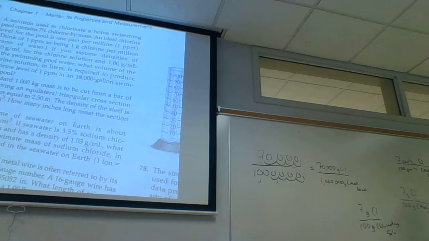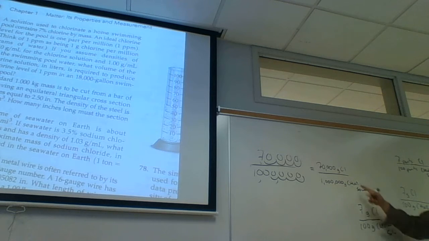If I had 1 gram of chlorinating solution, how many grams of chlorine would I have? Well, if I had 1 gram, I'd move this 2 decimal places this way to get 1 gram on the bottom, and then I'd move this 2 decimal places over this way, and I'd end up with 0.07 grams of chlorine per 1 gram of chlorinating solution.